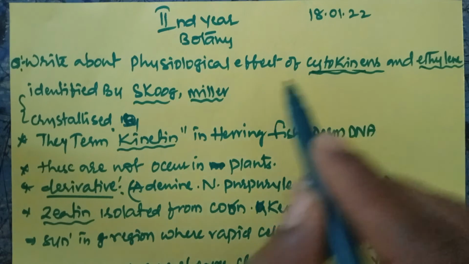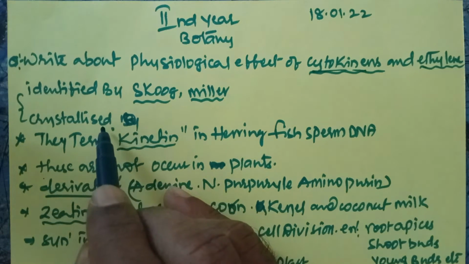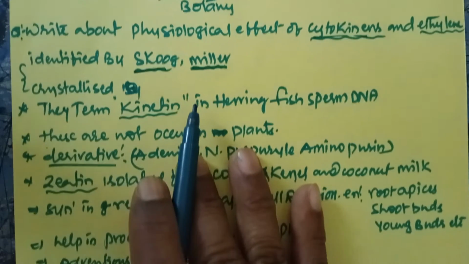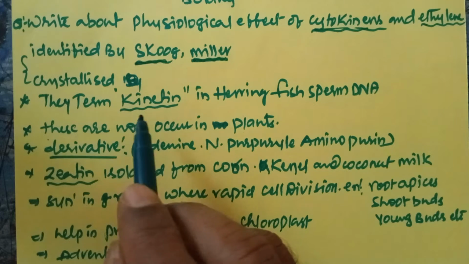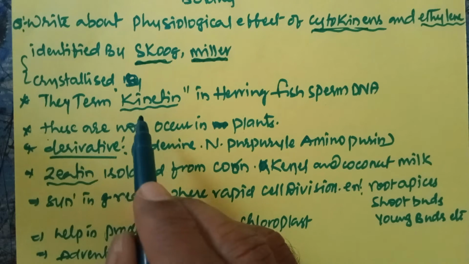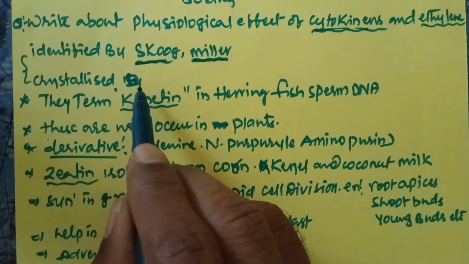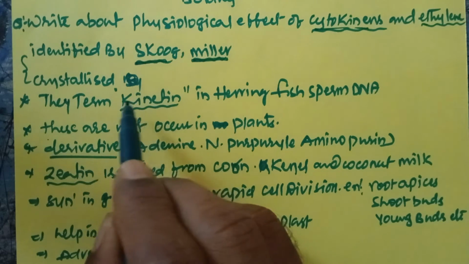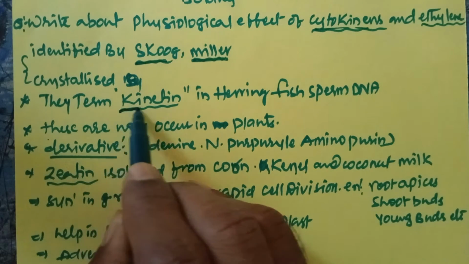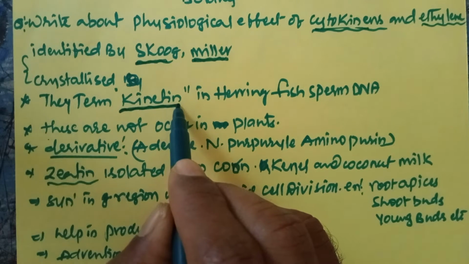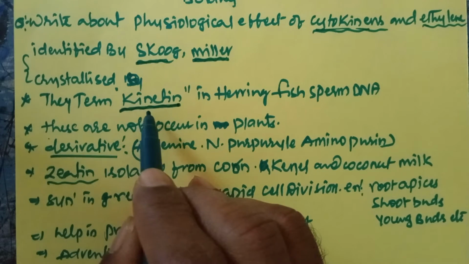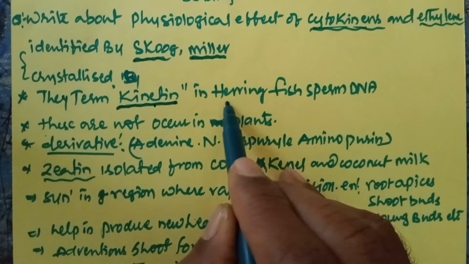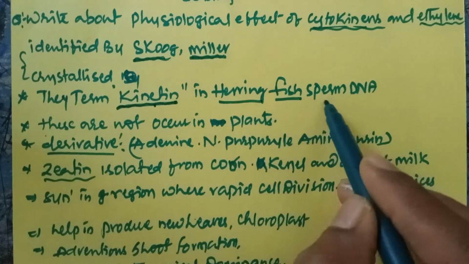Cytokinins were first identified and crystallized by the scientists Skoog and Miller. They discovered a type of chemical or hormone that they named kinetin, identified and crystallized from herring fish sperm DNA.